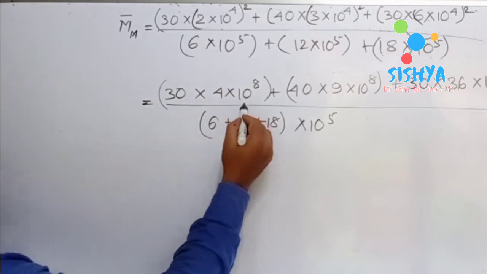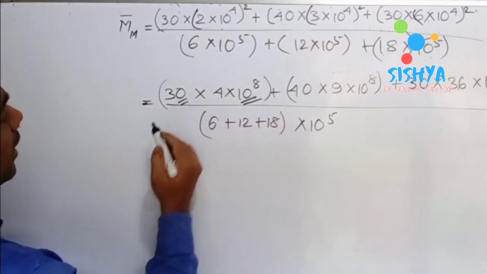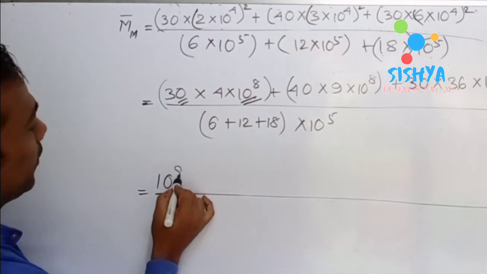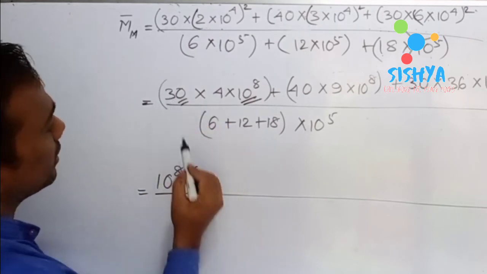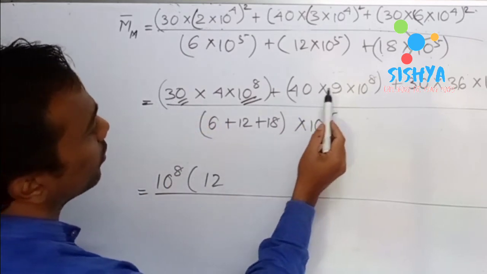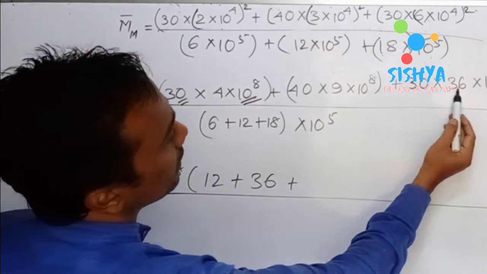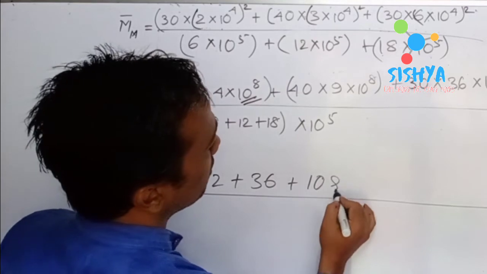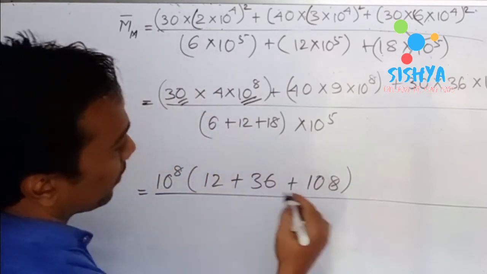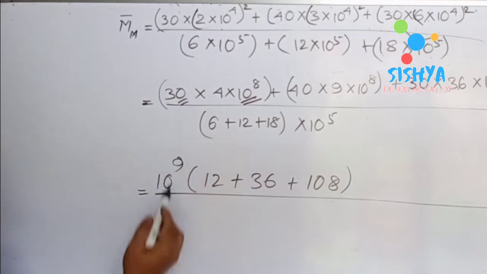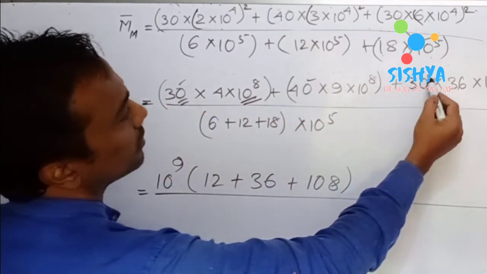If I take out 10 to the power 8 as common, 4 3s are 12, 4 9s are 36, and 3 36s are 108, into 10 to the power 8. Sorry, it should be 10 to the power 9, since I took the zero from here.